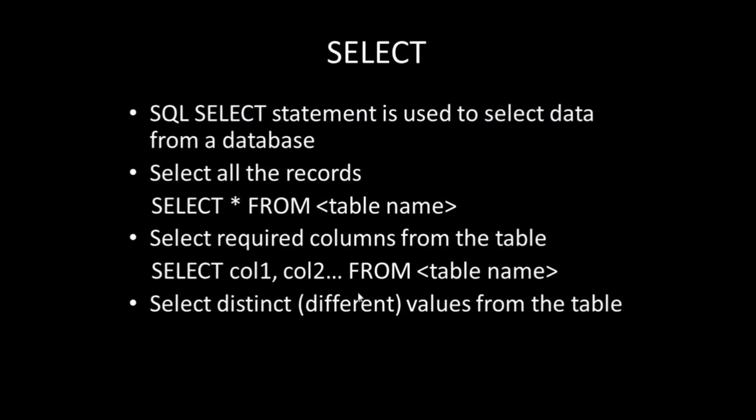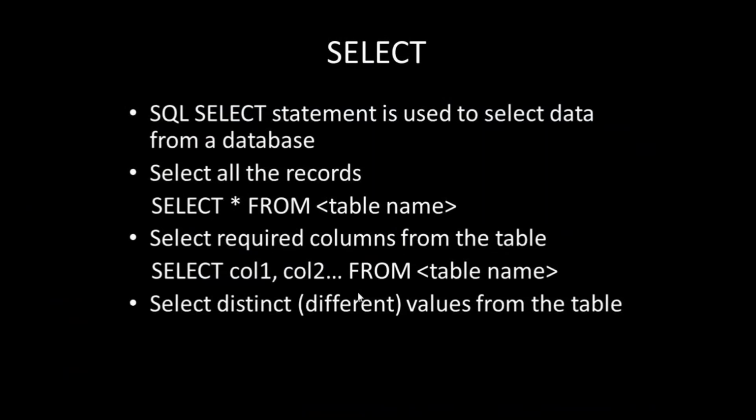Now, when you do select star or select first name, you get multiple records even though they contain the same name. If you want to find the unique names in your employee database, then we use distinct.